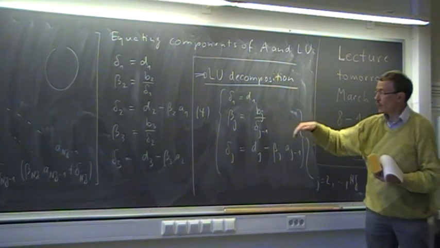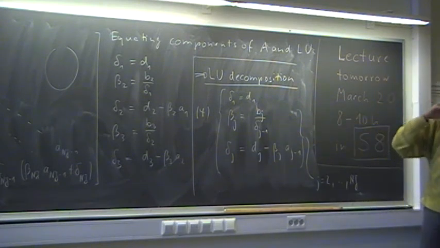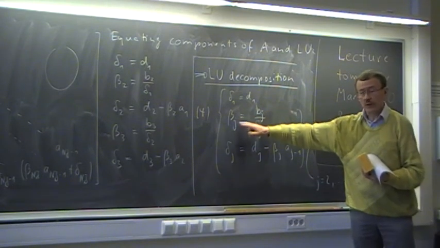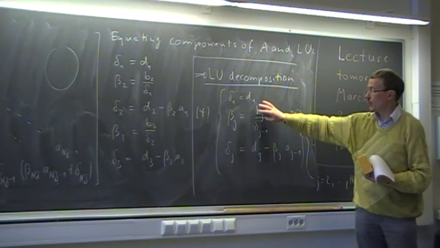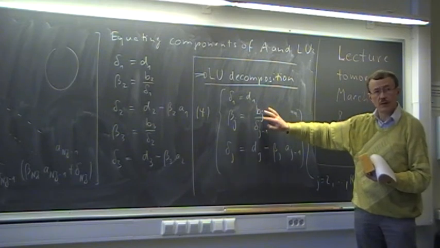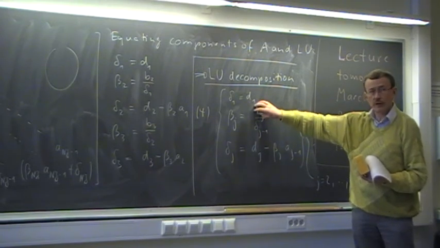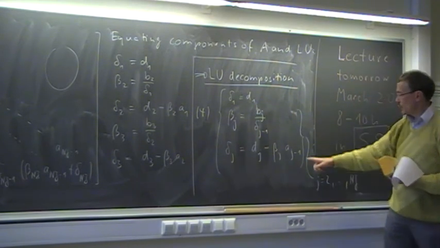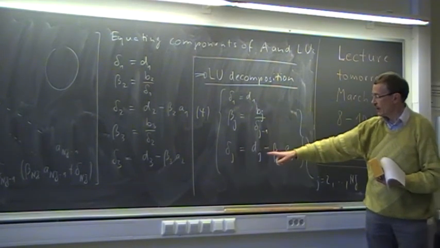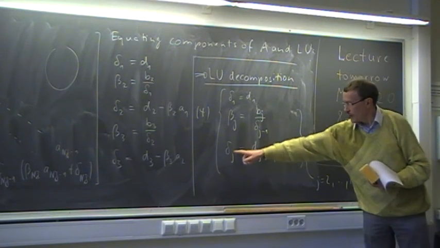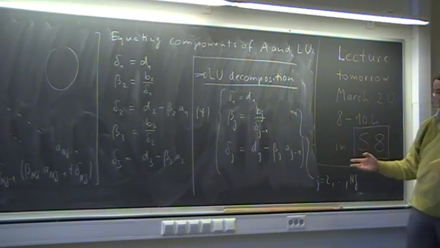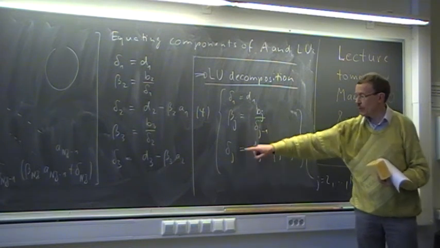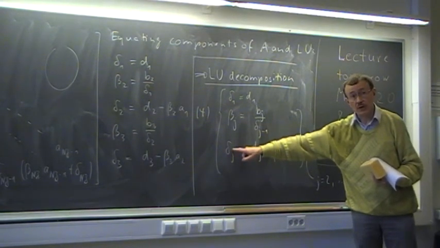So we can overwrite the bj with the beta j, because once we have computed this, we don't need to store it. Also with the dj, once we have computed this delta j, dj is no longer needed. So we can overwrite the dj with the delta j.